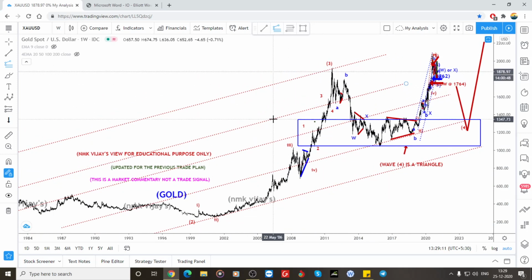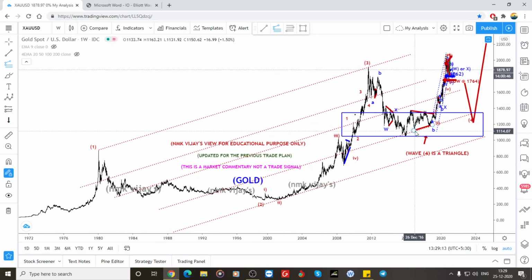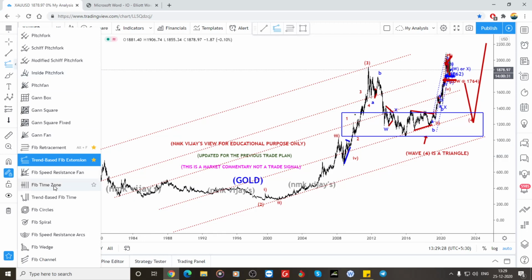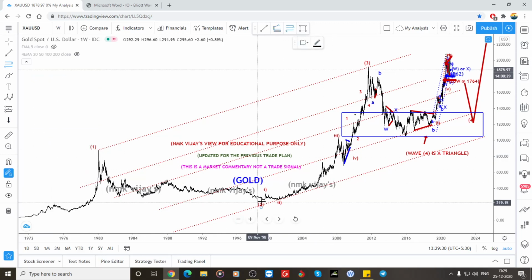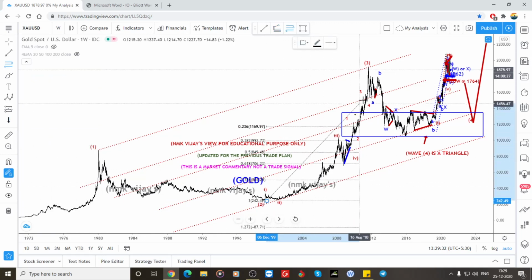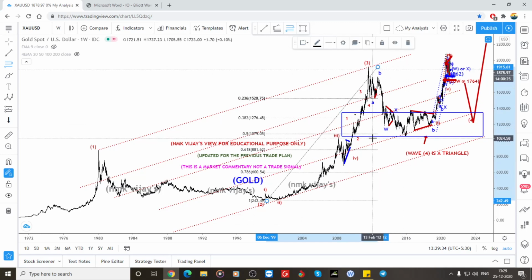And wave 4, how much does it retrace? As per the rules, wave 4 cannot overlap wave 1, right? So it didn't overlap here, and it did exactly 50% of the third wavelength.